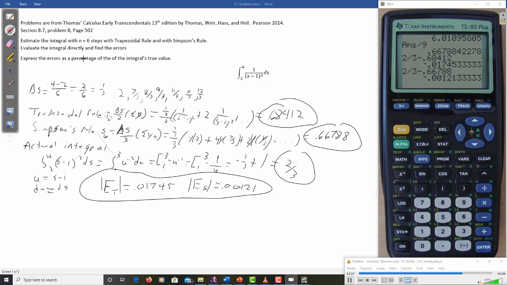Lastly, they want us to express the errors as a percentage of the true value. So that would just be take the error, put it over the actual integral. So that will be 0.01745 divided by 2/3 and 0.00121 divided by 2/3.